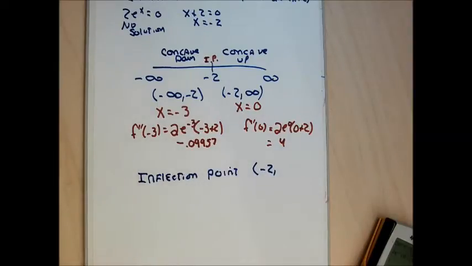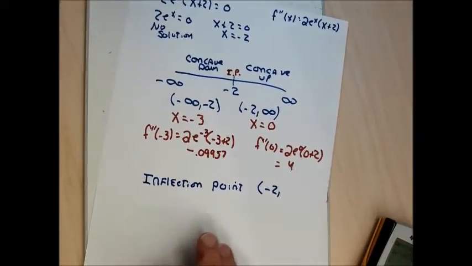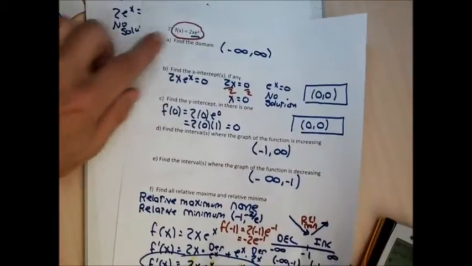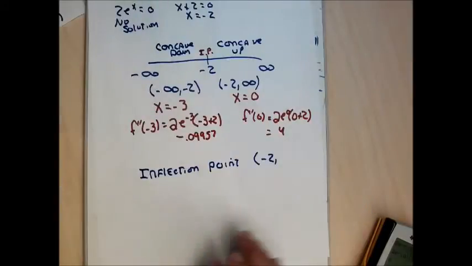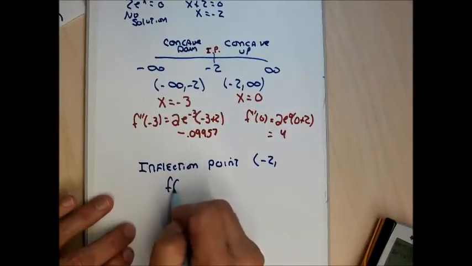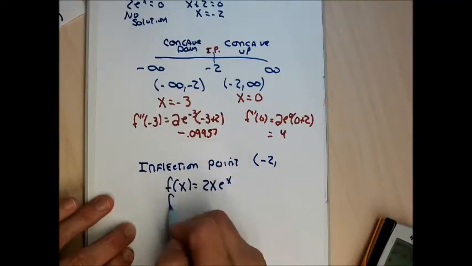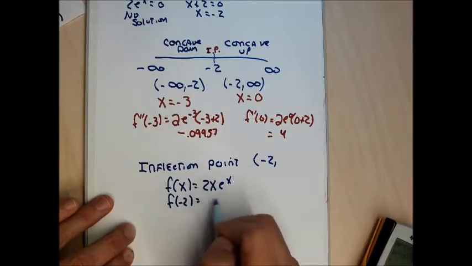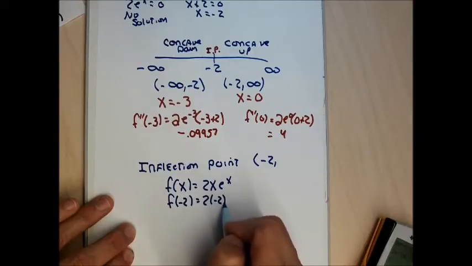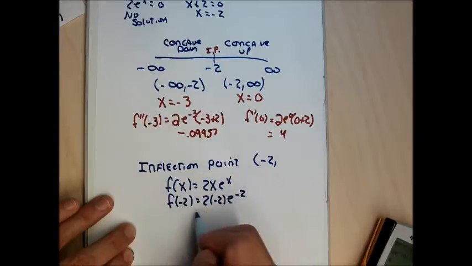In order to find the y-coordinate of an inflection point, I need to have the original function. The original function is 2x e to the x. What I'm going to do in the function f of x equals 2x e to the x is plug in negative 2 and get 2 times negative 2 e to the negative 2.